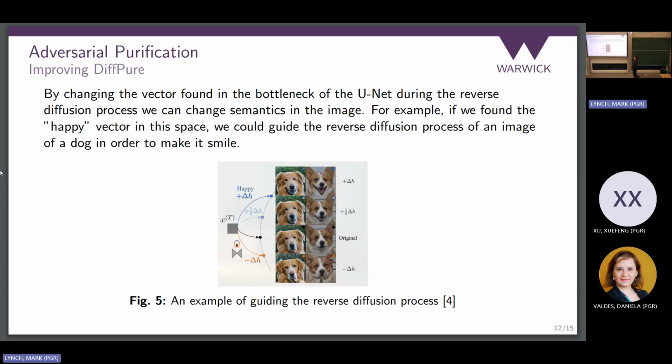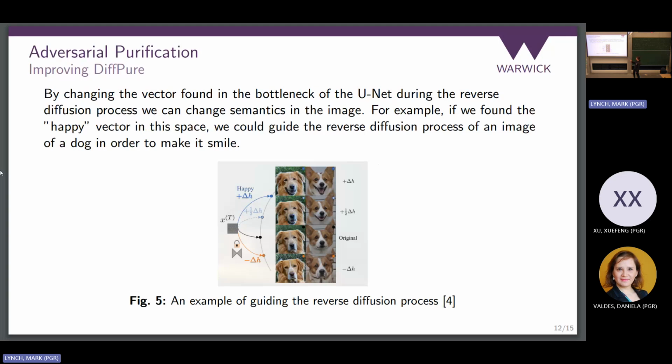You've got a dog here, second from the bottom. That's the original image. I won't be able to go through all the details of how they find this vector, but they found some sort of happiness vector in the bottleneck of the unit. Then they add this during the reverse diffusion process, and the dog smiles at the end. And they get really good results with this.